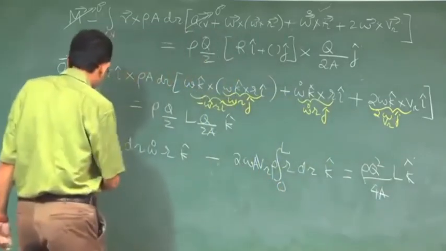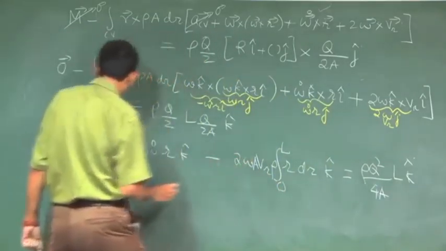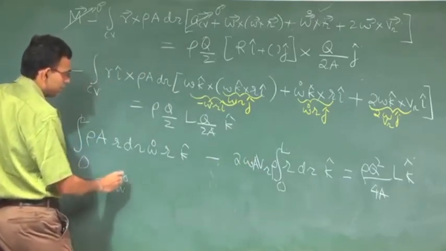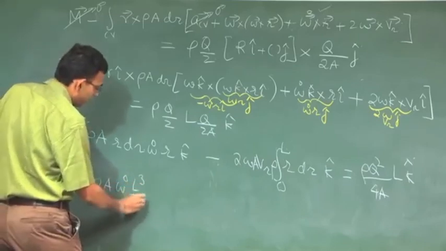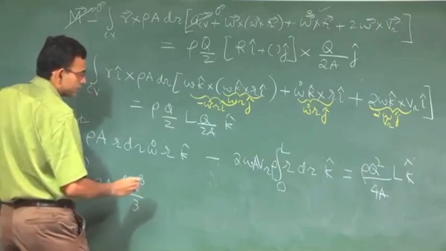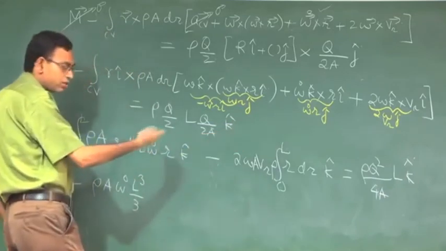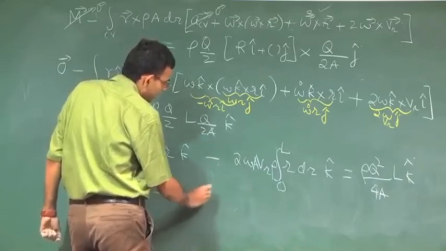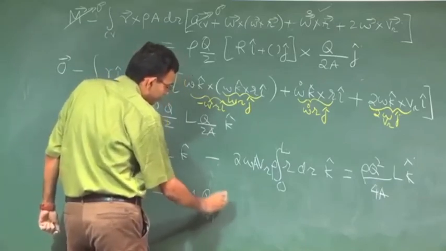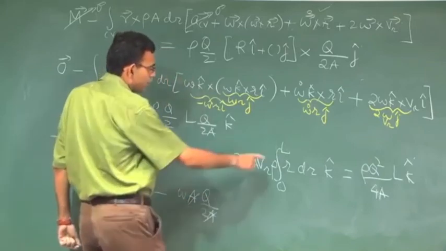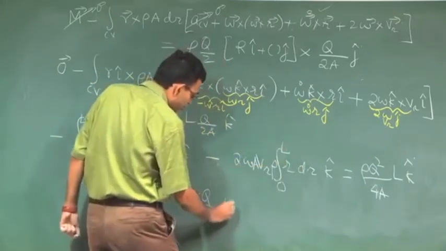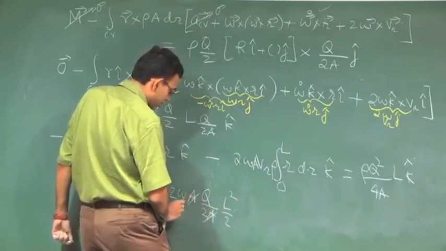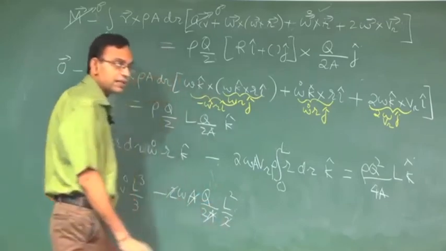It just requires one more step, 0 to L. So this becomes rho A omega dot L cube by 3, all are multiplied with k, so we can take only the scalar components, minus omega A Vr, Vr is q by 2A, into r dr is r square by 2, so L square by 2, this is 1, 2, these 2 and these 2 get cancelled, right.